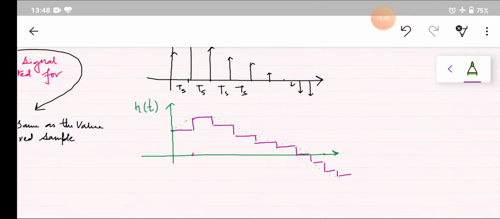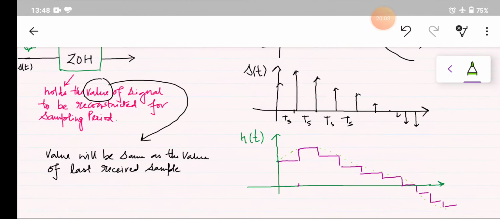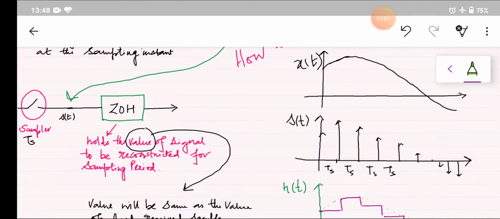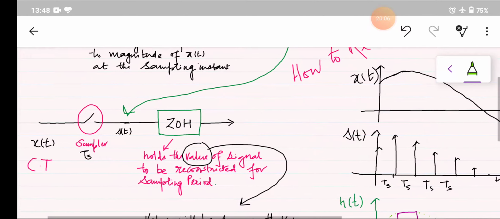Okay, so in this way the signal is reconstructed back from its samples, using a zero order hold.